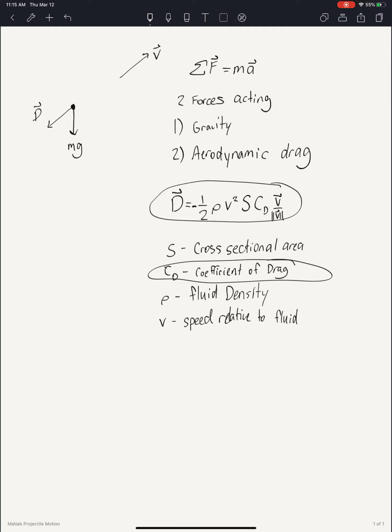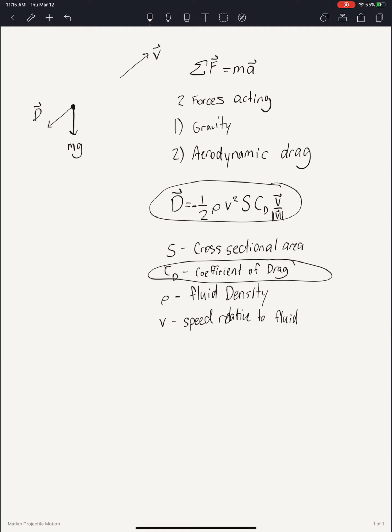And if I'm going to write this out as Newton's second law, I'm going to write it in component form. So let's think about the component form for Newton's second law.